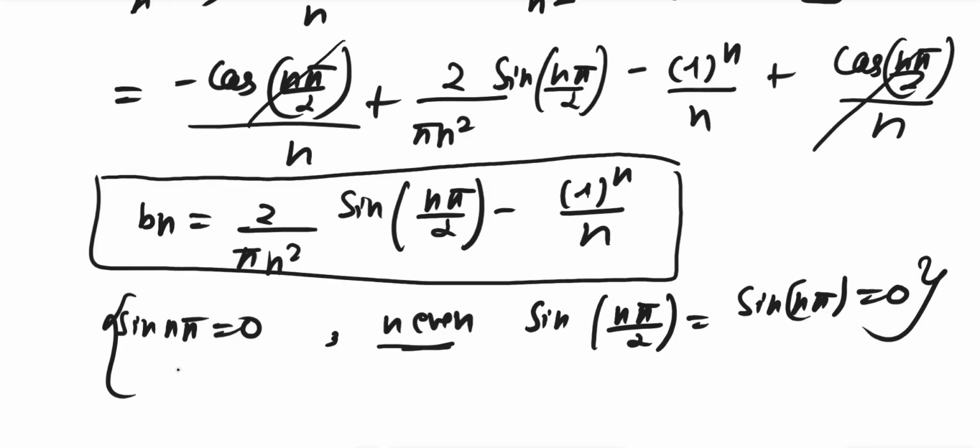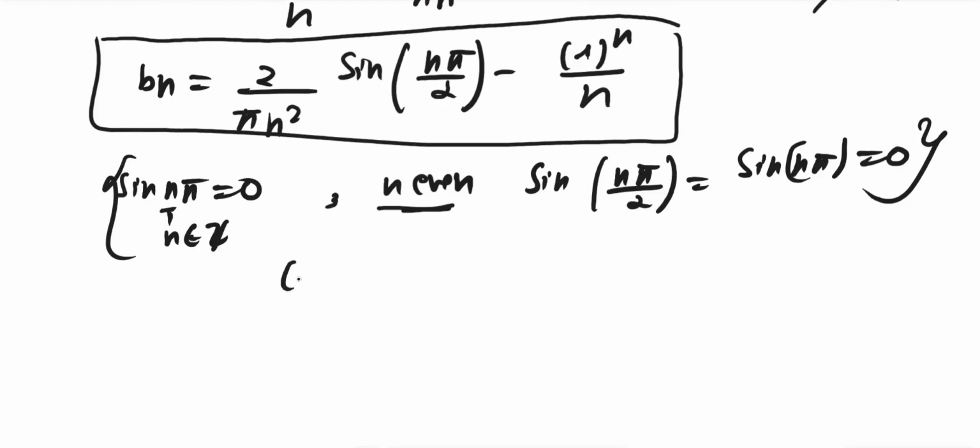And one more thing, this n belongs to the integers. So when it is n pi by 2, if n is odd, then it won't be cancelled by 2. But if it is even, then it will be cancelled by 2. Then it will become an integer. Then this will be 0. And minus 1 raised to the power n is 1 when n is even, and minus 1 when n is odd.